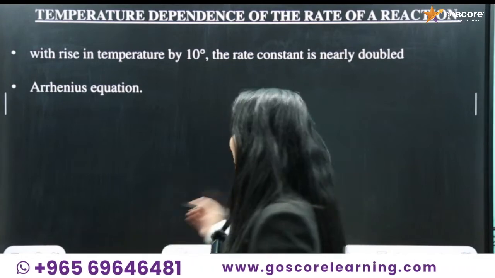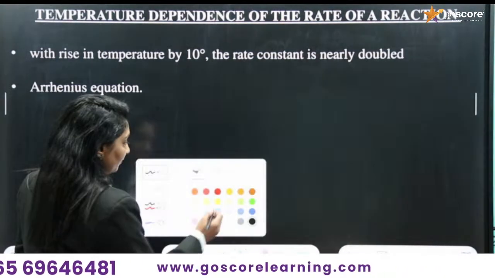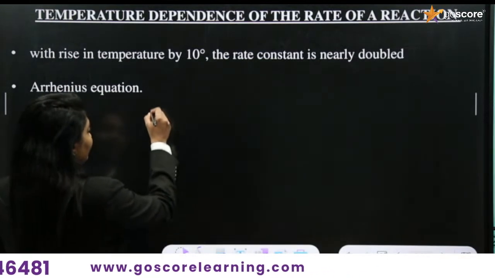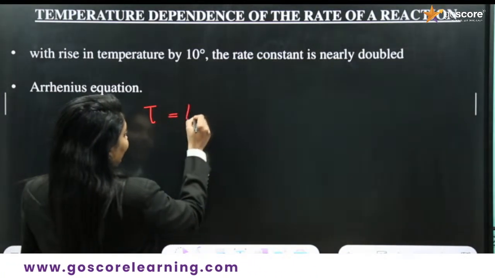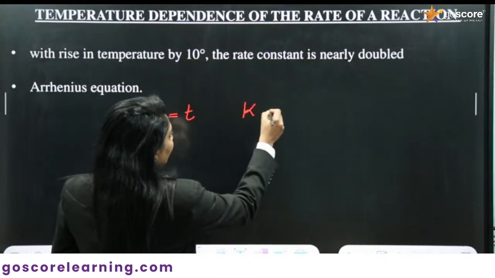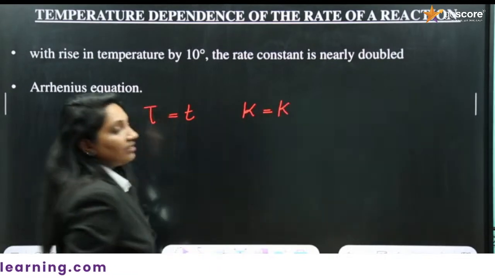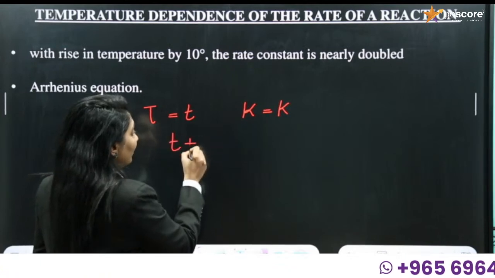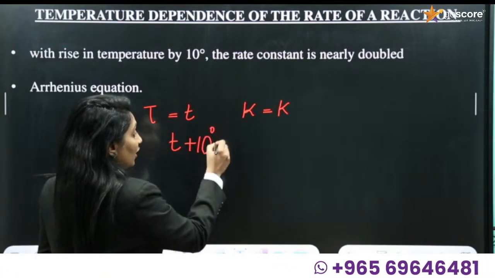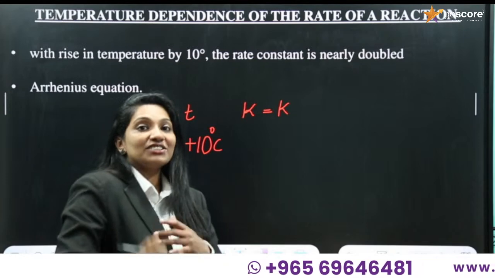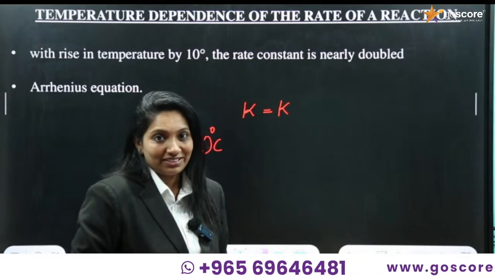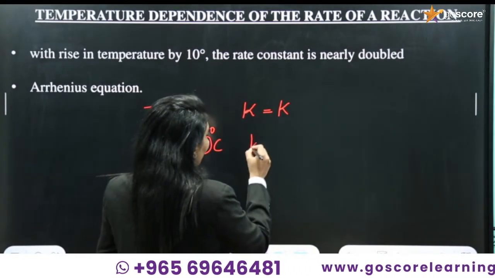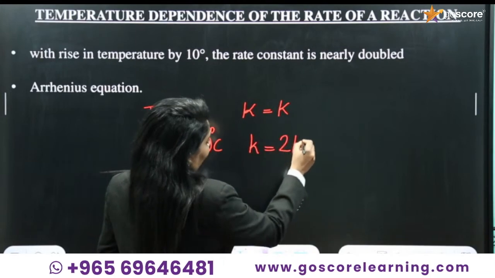If the rate constant of a reaction at temperature T is K, then when you increase the temperature by 10 degrees Celsius, you can see that the rate constant gets nearly doubled. That much faster the reaction will proceed.